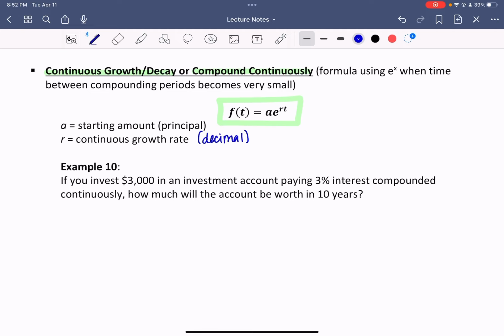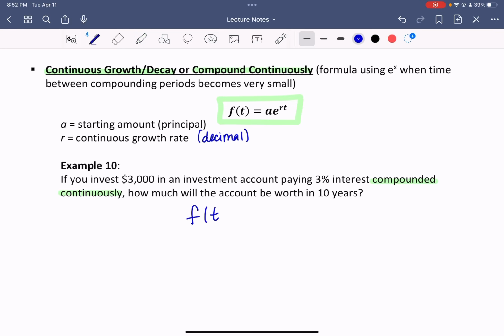So let's look at this example here. It says if you invest $3,000 in an investment account paying 3% interest compounded continuously, there are your key words that you're going to be using this formula. So I'm going to go ahead and say F of T equals A e to the RT. How much will the account be worth in 10 years? This 3,000 amount is our starting amount, our A value. Our rate was 3%, so I'm going to say equals 0.03.